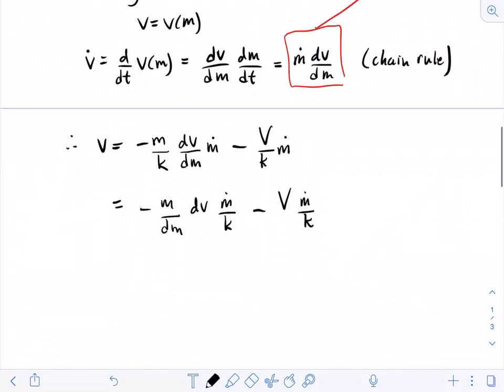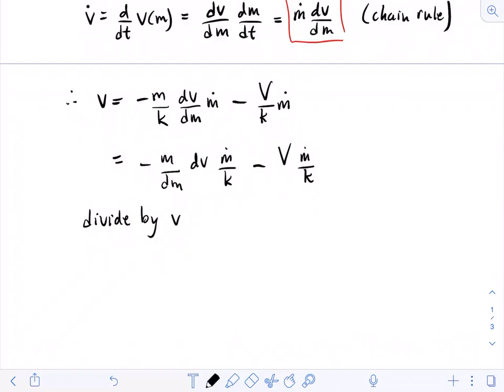The next thing that we'll do is divide by the speed of the rocket, divide by little v. And what we end up with is 1 is equal to minus m over dm, dv over v, m dot over k, minus big V over little v, m dot over k.